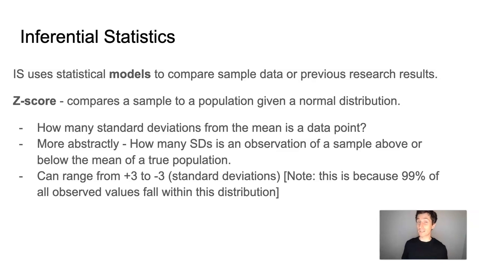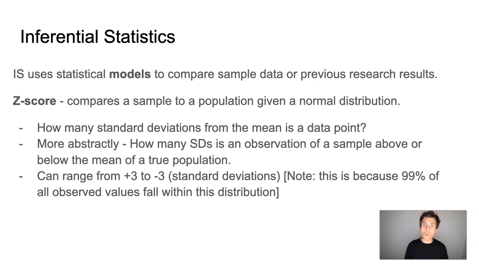Even more abstractly, because we're inferring from a sample to a population, what we're essentially saying is how many standard deviations any one observation in a sample is above or below the mean or the average of what we would assume to be a true population. That is, we're going to try to say with some amount of certainty, given any one observation we have, how does it compare to what we would expect the population to actually be?